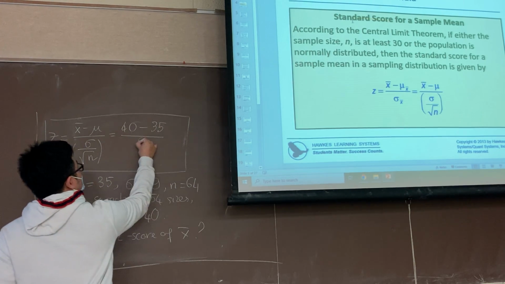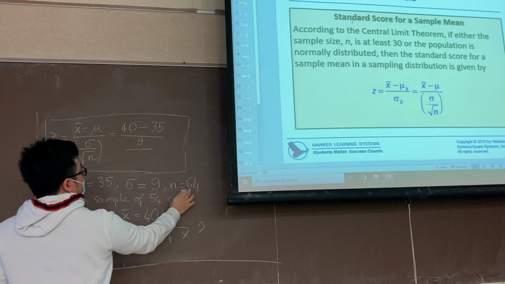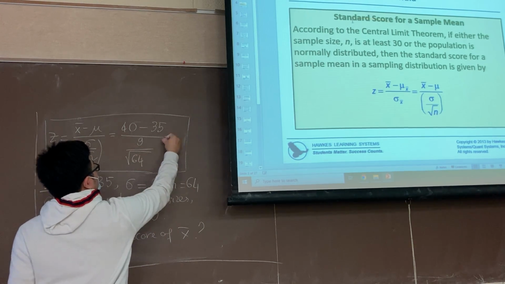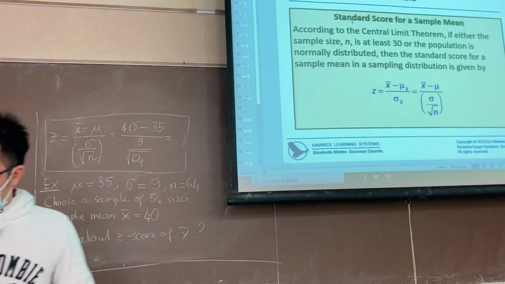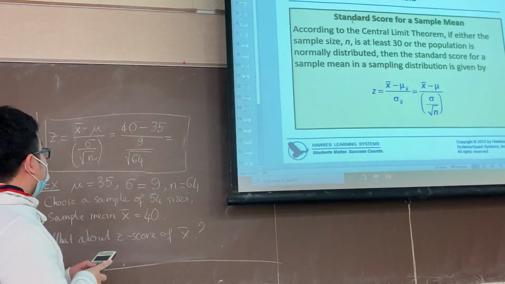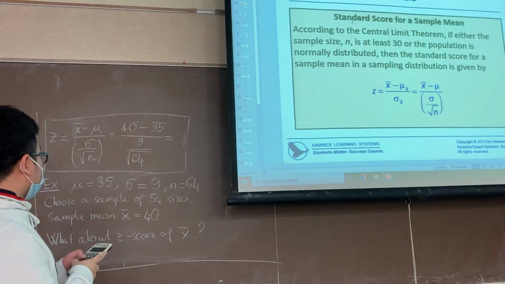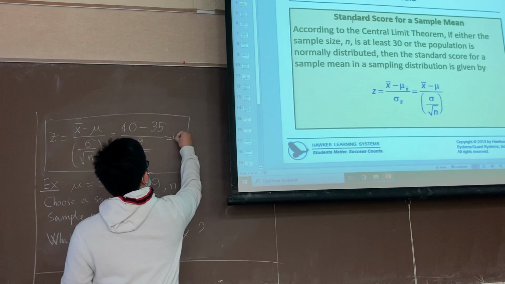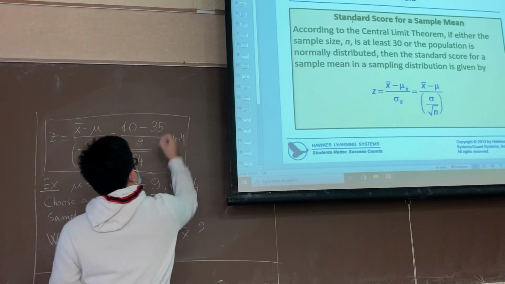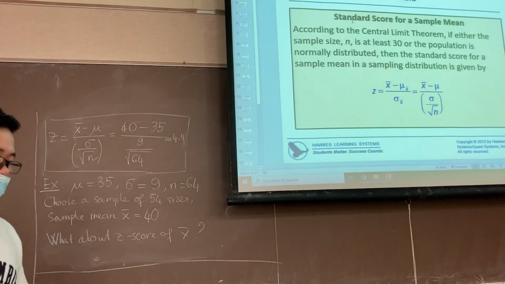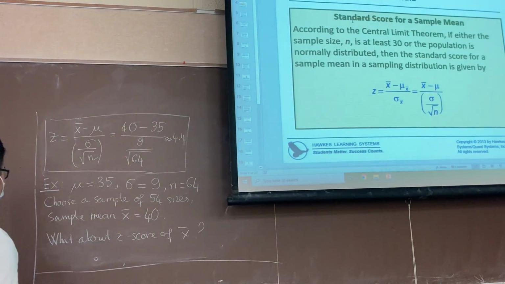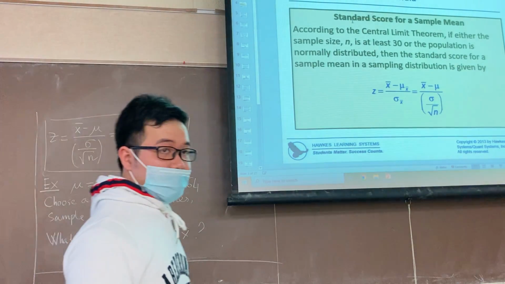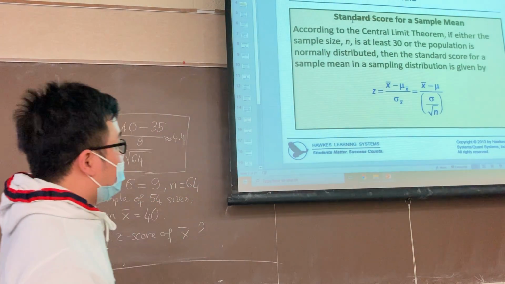Sigma here is 9, and n here is 64. After that you will get the z-score, 9 over the square root of 64. That's the first step when we want to find the z-score of x bar. Clear, right? That is just applying the formula.